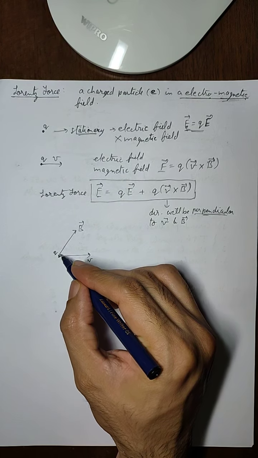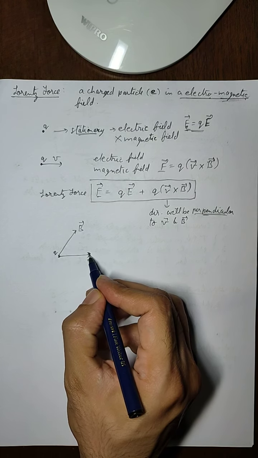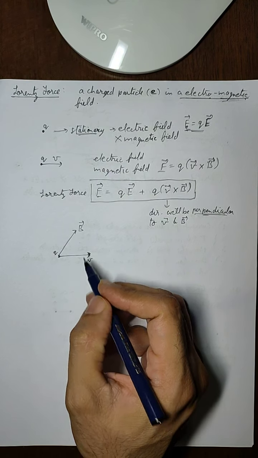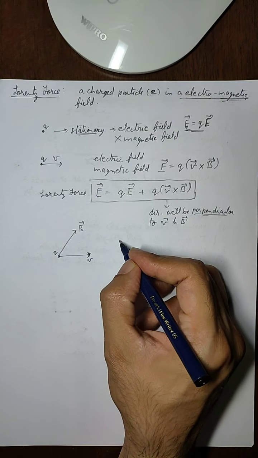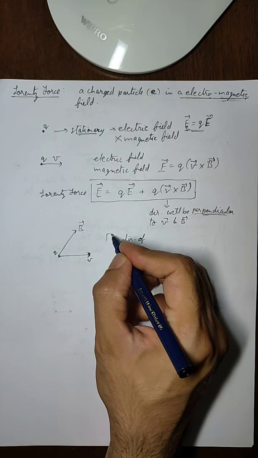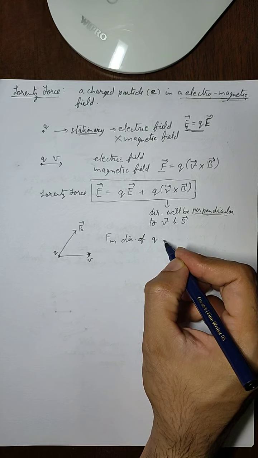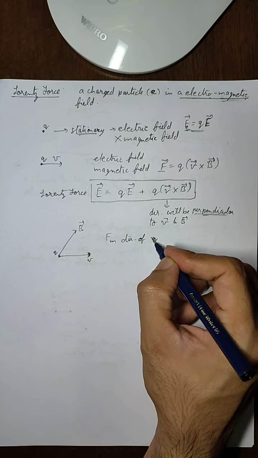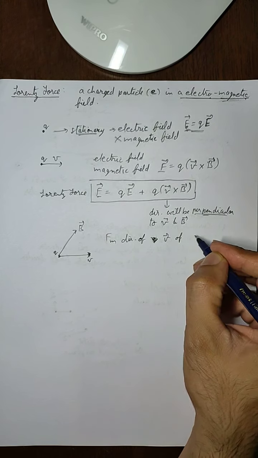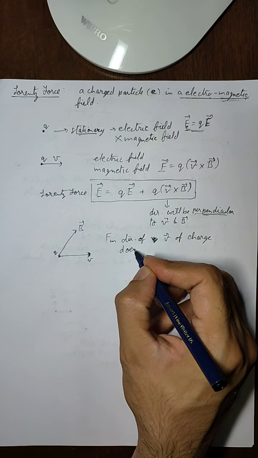Since the Lorentz force is perpendicular, this force is not going to affect the magnitude of velocity. It will only change the direction of the charge, or the direction of velocity of the charge.